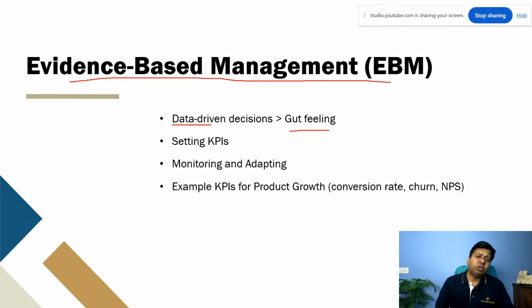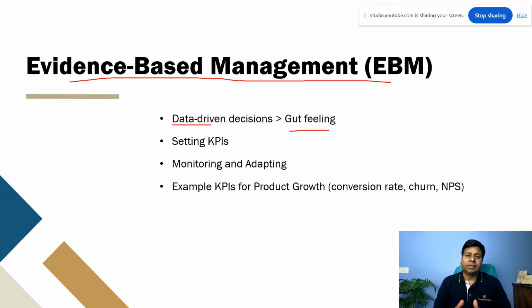KPI cannot be how many features I am adding to my application, because that is not showing the effectiveness of the product and the value of the product. KPI can be how many new customers I am onboarding, how many new customers are still there even after 1 year of engagement, customer retention, what is the net promoter score.